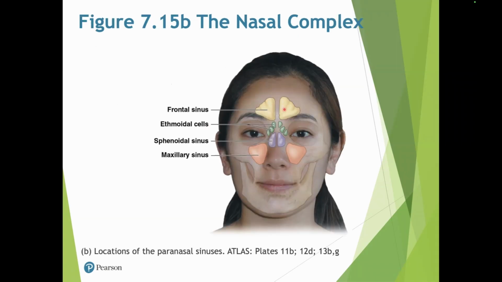So you have your frontal sinuses, your ethmoidal cells, which, don't confuse them with a cell of a tissue. Think about a cell where you're going to put something. Alrighty. Sphenoidal sinus and your maxillary sinus.